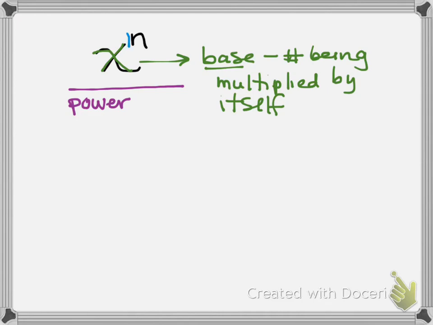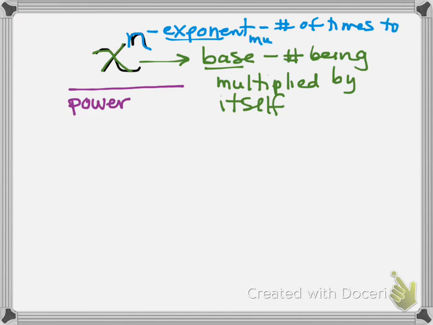And the n, you guys should be familiar with, he's called an exponent. And that explains the number of times to multiply the base by itself.